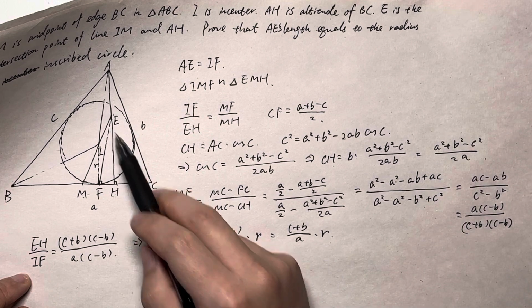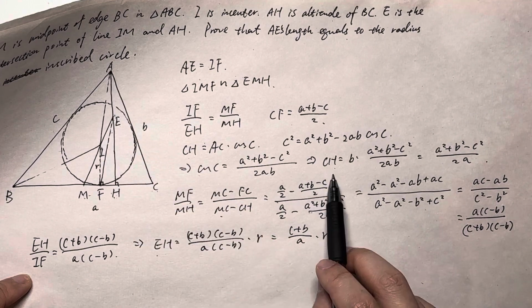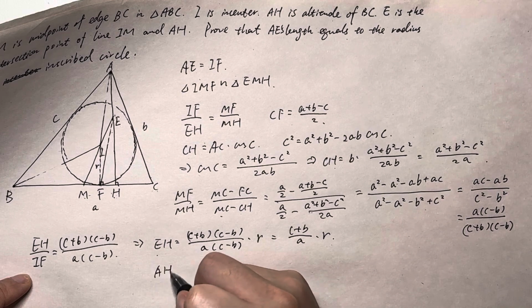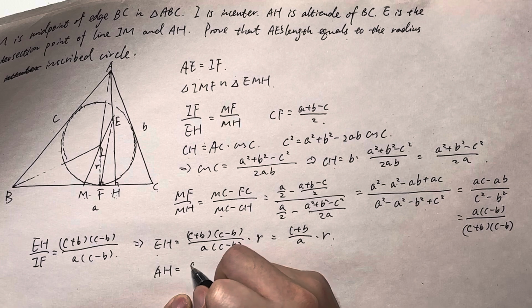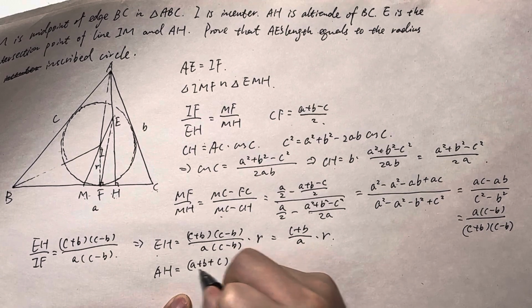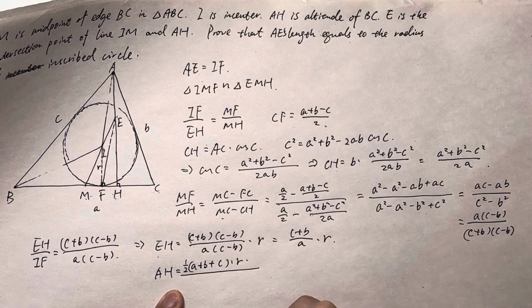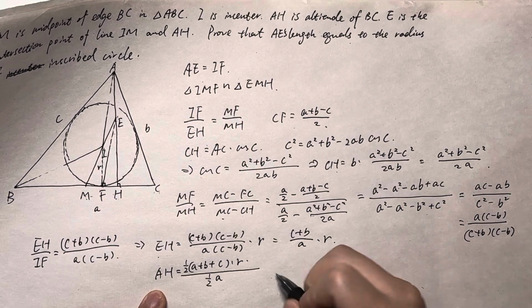Because we already got EH and we know the length of AH, AH equals (a plus b plus c) times r times half of it, that's the area, divided by half of a, that's the altitude.